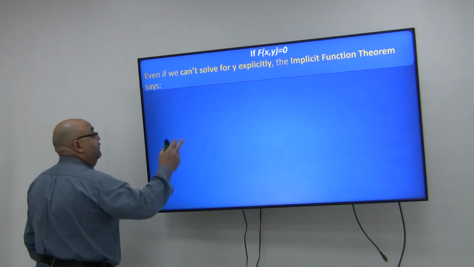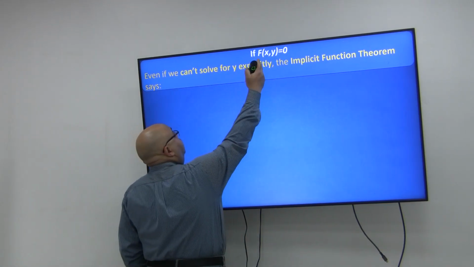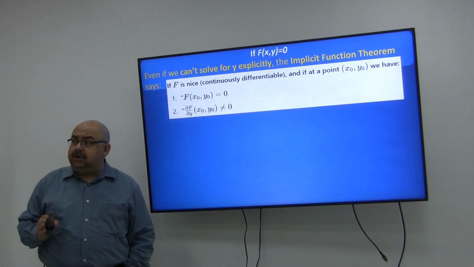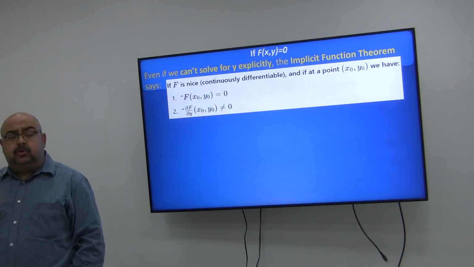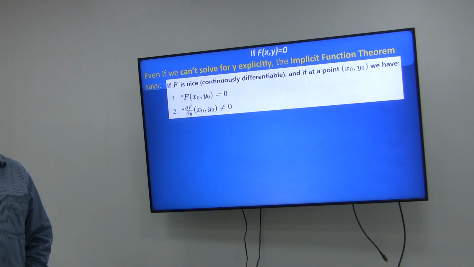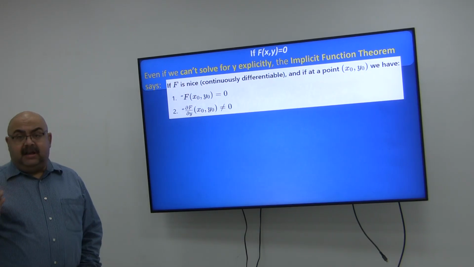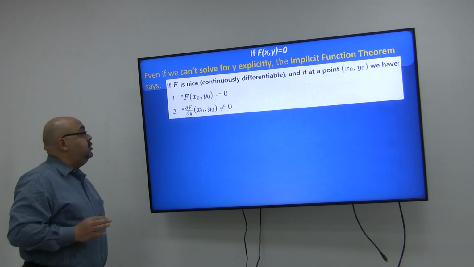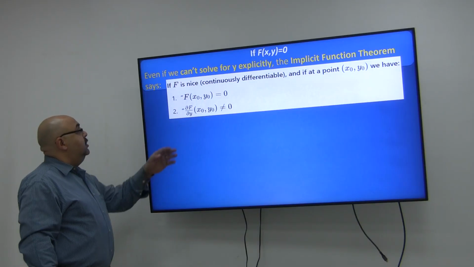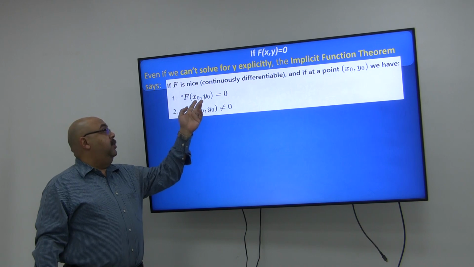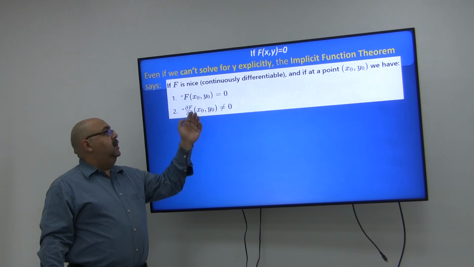So if I have a function f of x, y equal to 0, there are two main conditions that will help me apply the implicit function theorem and get the derivative of one variable as a function of the other. The first condition is that the value of the function at the point of interest is equal to 0.